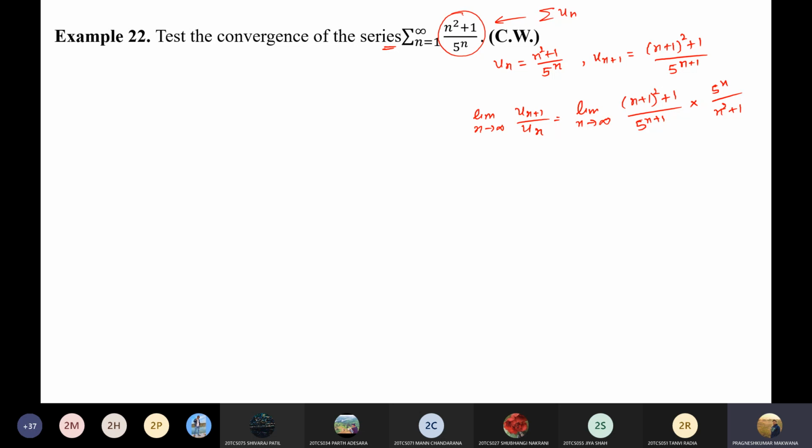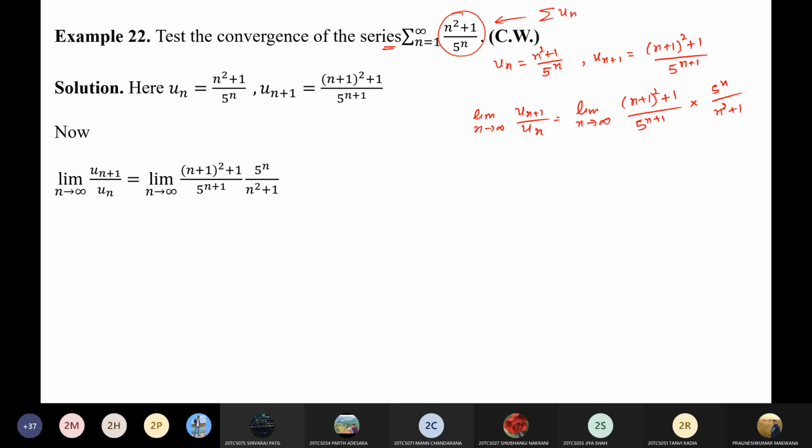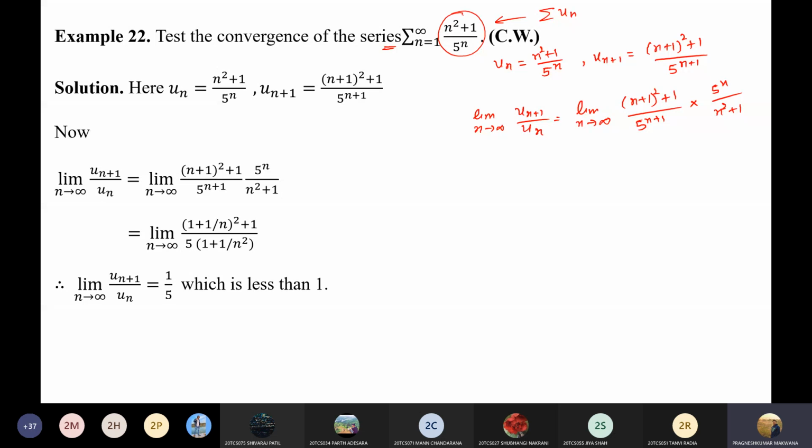Now what is the answer of this limit L? One by 5. The limit is 1 by 5. Very good, which is less than 1.